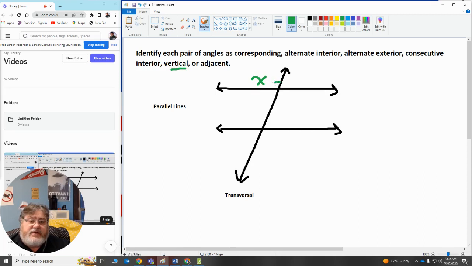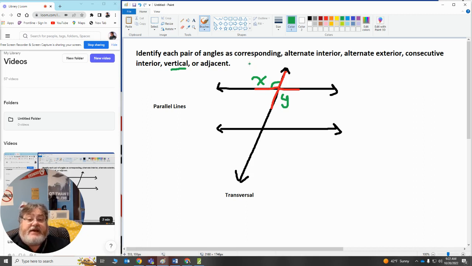If this is angle X, and this is the shape of the angle, if I was to take this angle and flip it over, it would land and use the vertex, the point as the pivot point, it would land here. And therefore, this will be angle Y. And we say that angle X is vertical to angle Y.